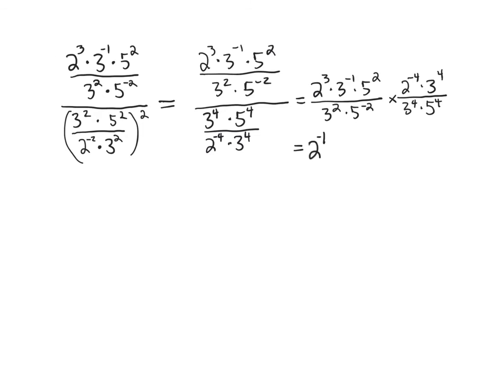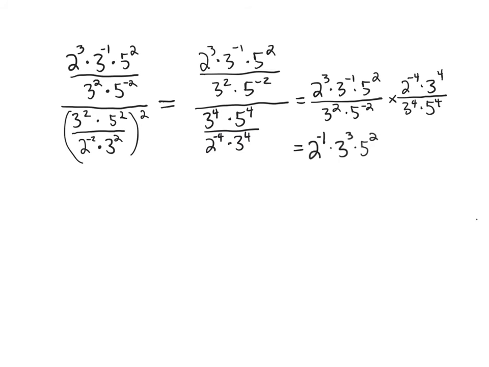And we keep going as such. 3 to the minus 1 plus 4 is 3 to the 3. And then we just have 5 squared. So 5 squared times, you can think over here in that second bit, 5 to the 0, because anything to the 0 is just like multiplying by 1. Okay, so that's our top simplified.